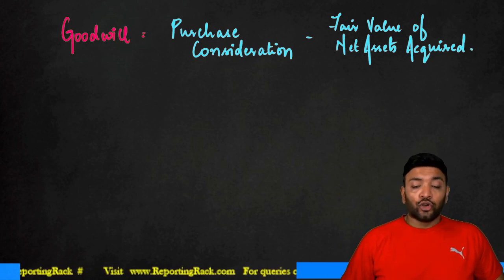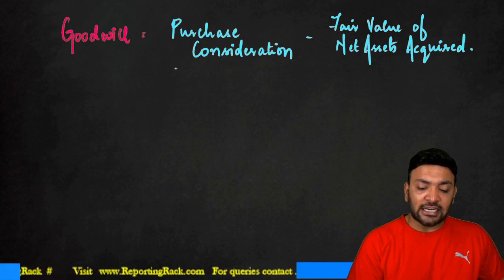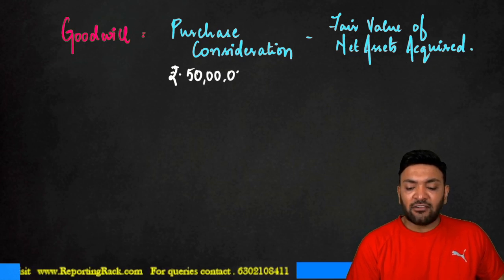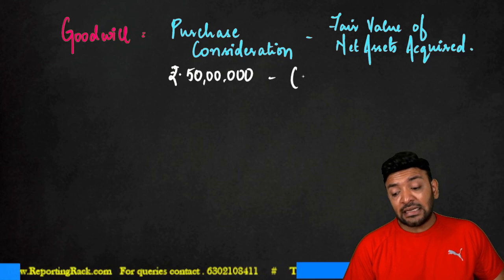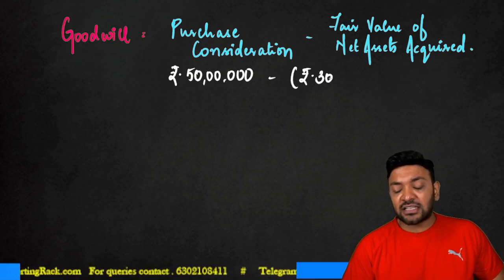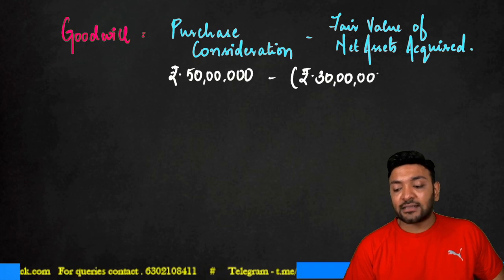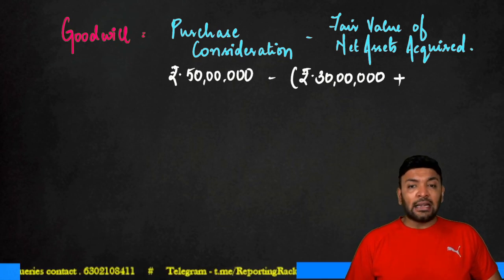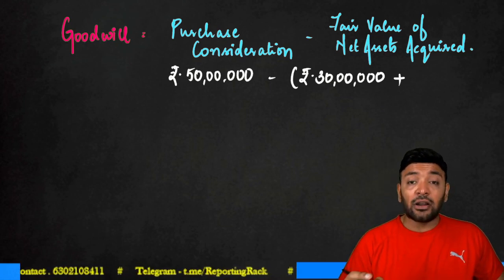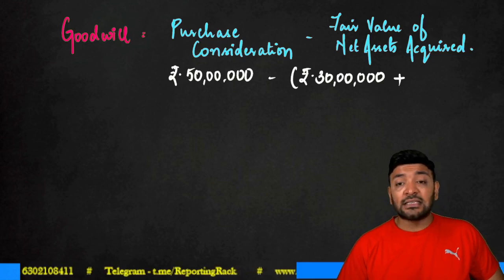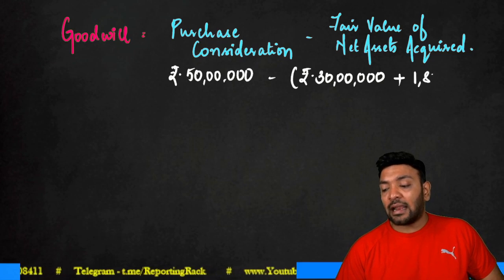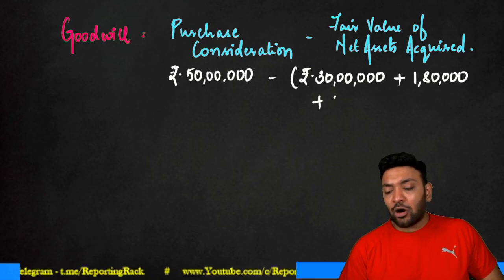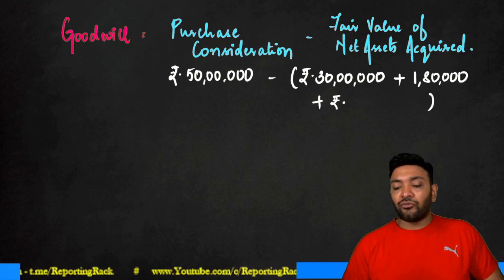Let's go on. You know what the purchase consideration is, right? What is the purchase consideration given in the question? 50 lakhs. What is the fair value of net assets acquired? 30 lakhs he already gave, but apart from this 30 lakhs, I also have two more assets. One is a trademark, the other one is a distribution right, which I have to add. So I'm leaving certain space. There's one asset which is already known to us, that is the trademark. The trademark is valued at 1,80,000. We also have to add the amount of the distribution right to the cost. So find out what the distribution right is.